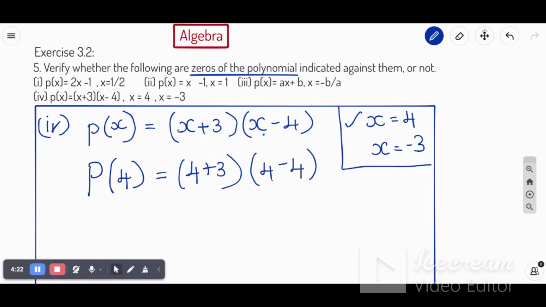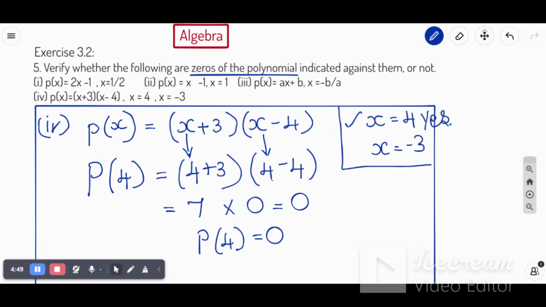What I have done is instead of x I have put 4. Now this will be 7, 4 plus 3 is 7, right? 7 into 4 minus 4 is 0. So this will become 7 into 0, which is 0. So your P of 4 is equal to 0. So x is equal to 4, yes, it is a 0 of the polynomial.